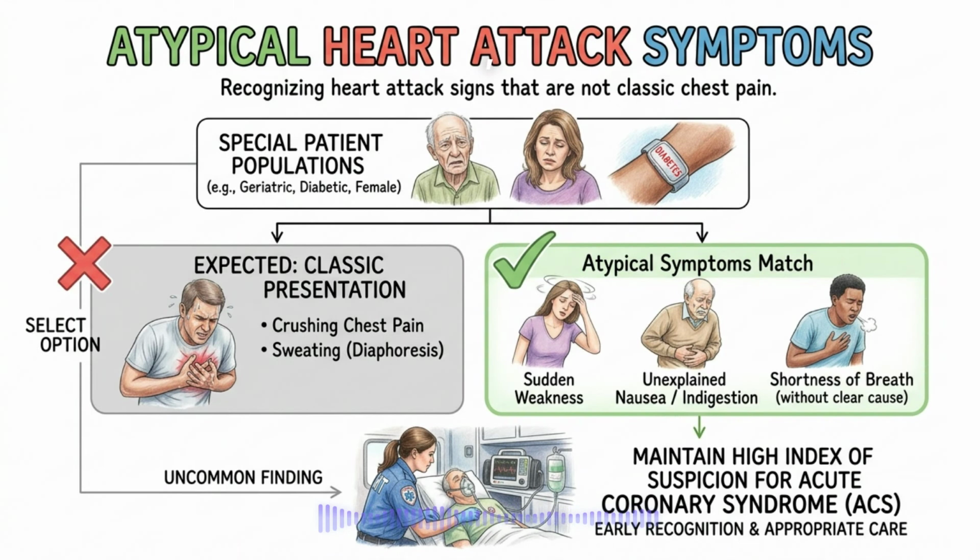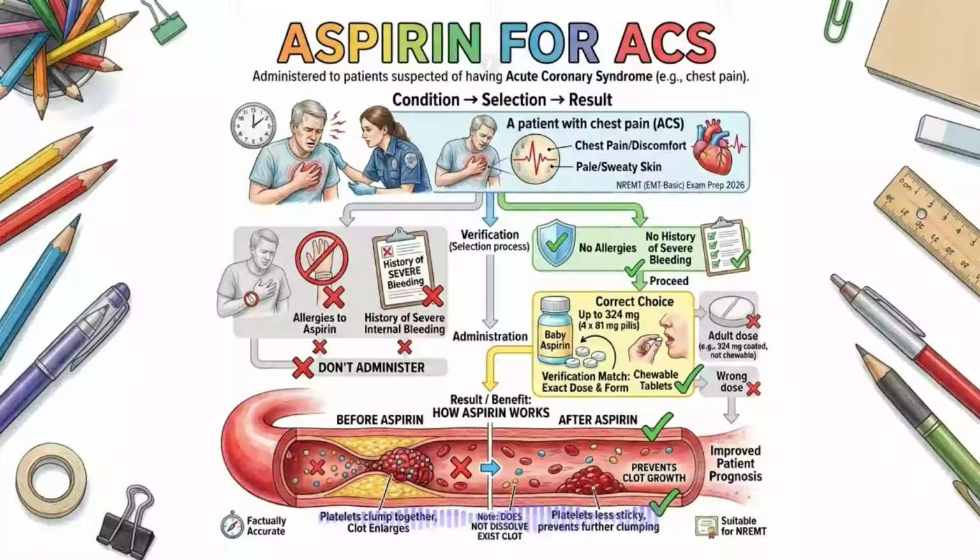study routine. One of the most important medications an EMT can administer for acute coronary syndrome is aspirin. Aspirin does not relieve pain, nor does it dissolve the existing blood clot blocking the artery. But it does prevent the clot from getting any larger.